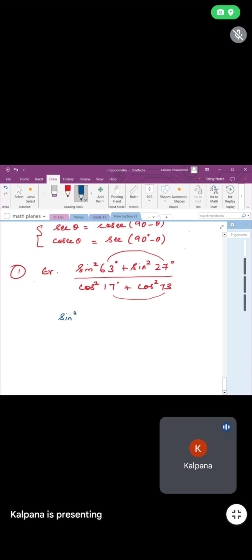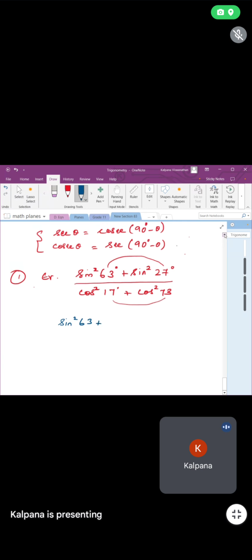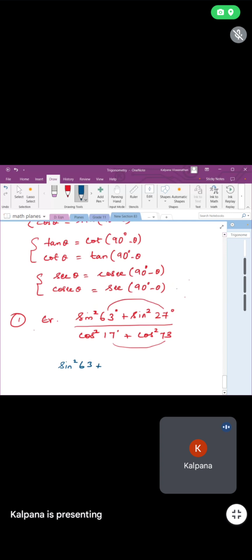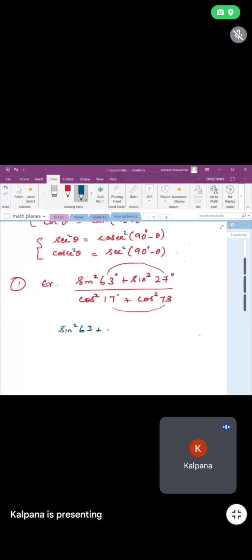So keep sine square 63 as it is, plus this sine square 27. For a complementary angle, if you have square on the left side, it will be square on the right side. Tan square theta will be cot square 90 minus theta. If you have squares, you can use squares in the sum, but without square, that is the basic form. Now, how do I write sine square 27?